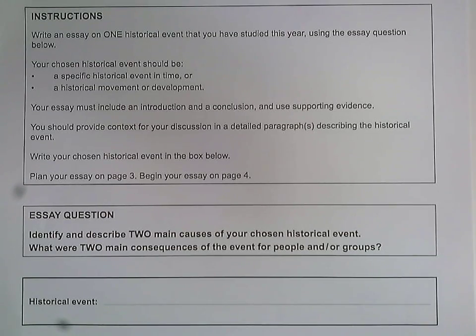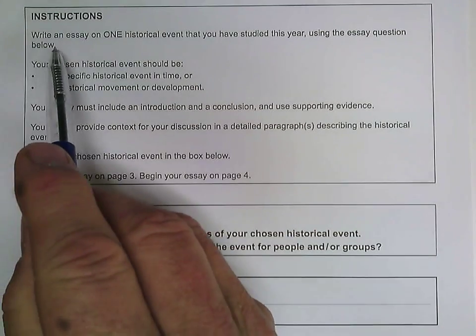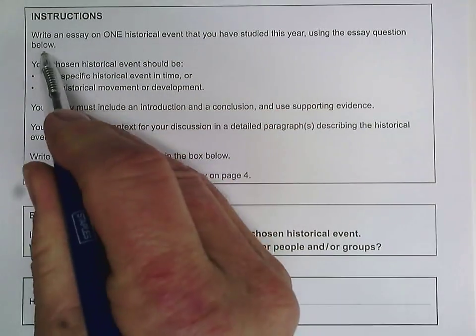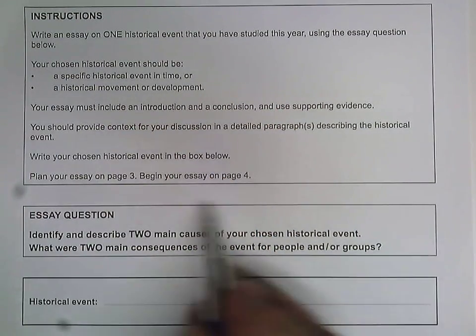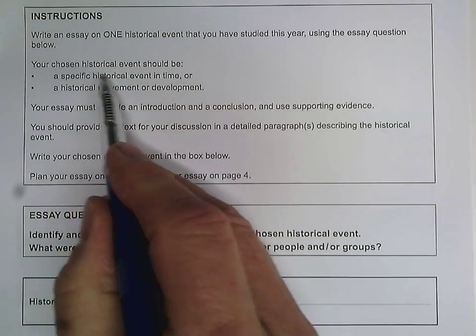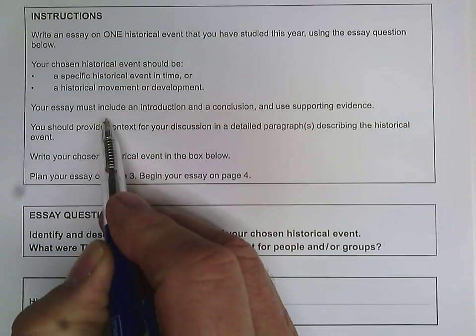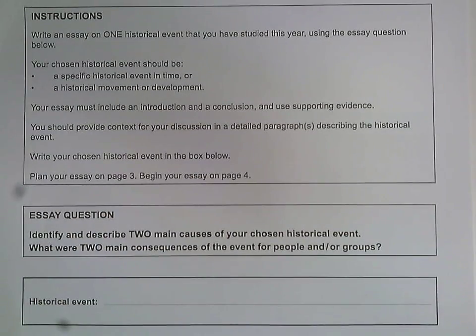So the basic point, to answer the question, you need to read the question carefully. So here we have, write an essay on one historical event which you have studied this year using the essay question below. There is the question. Your chosen historical event should be a specific event in time or a historical movement or development.